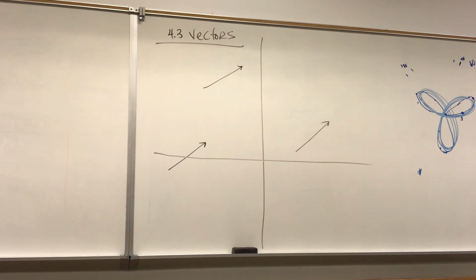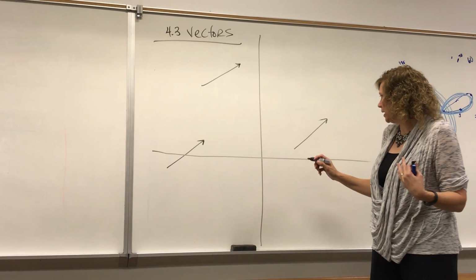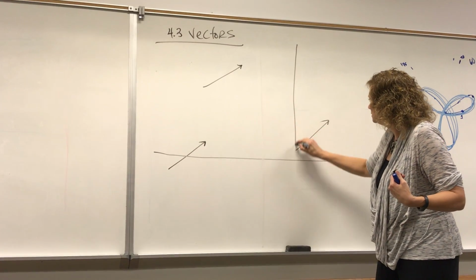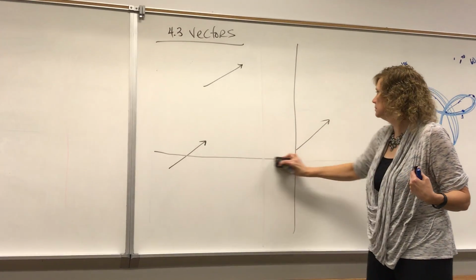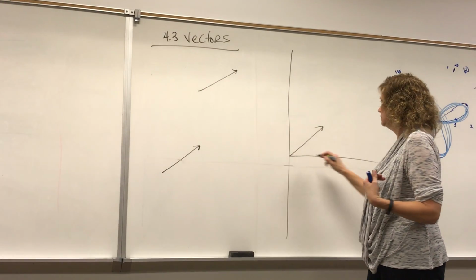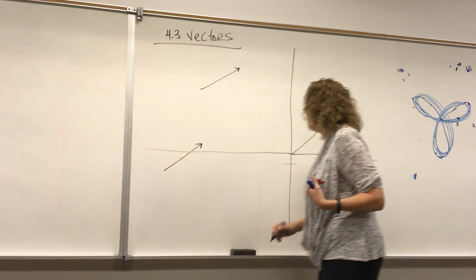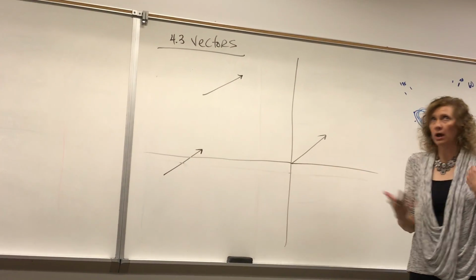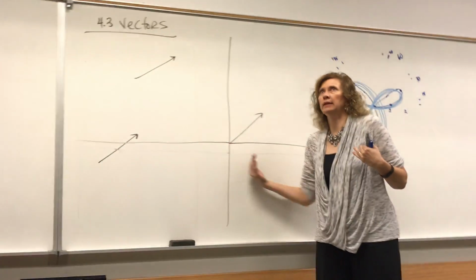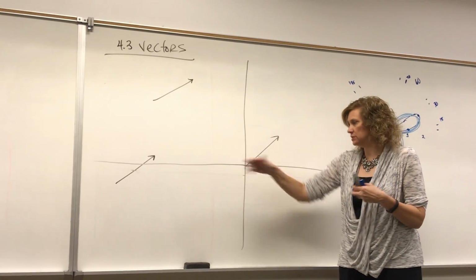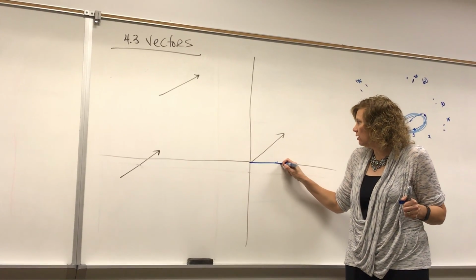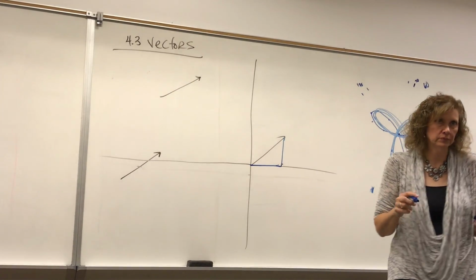We are going to describe vectors based on the pieces we're most comfortable with respect to an XY rectangular coordinate system. So we're going to describe it with respect to how far over does it go and how far up does it go.